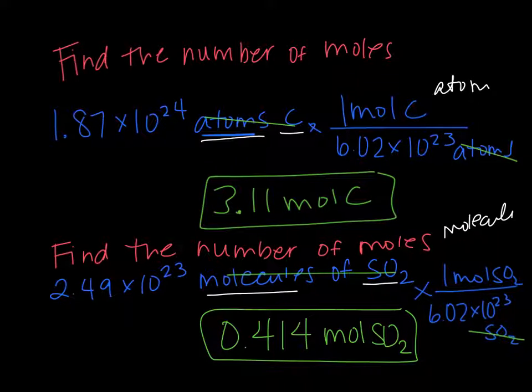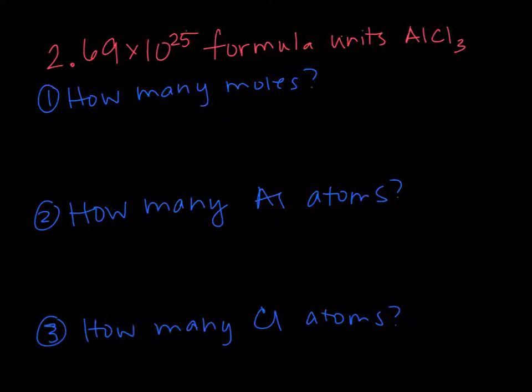Okay, so let's try a couple more, a different type of problem. This time we're given 2.69 times 10 to the 25th formula units of AlCl3, and we want to know how many moles.